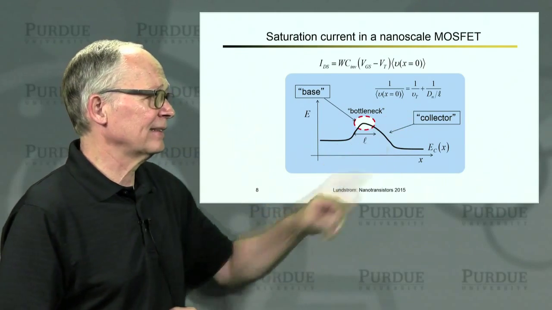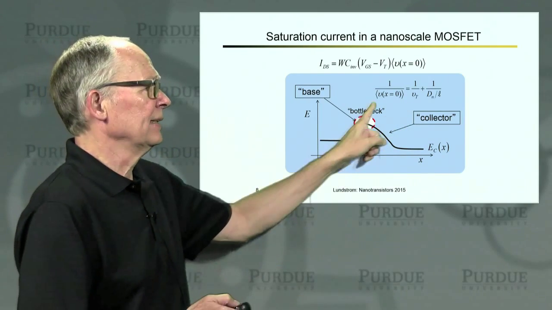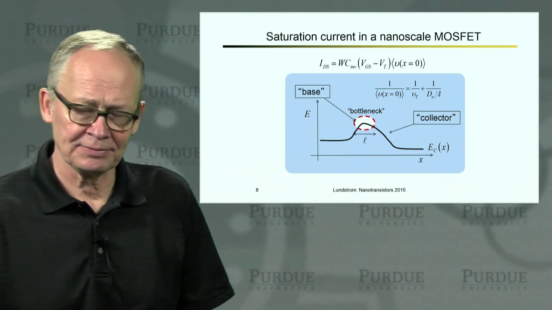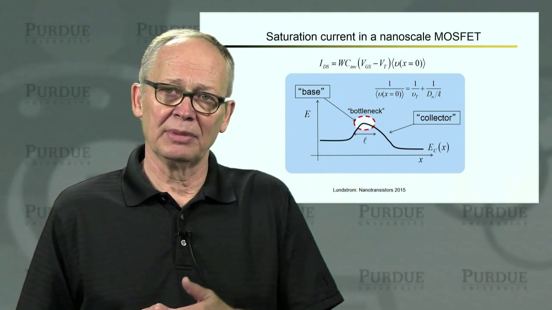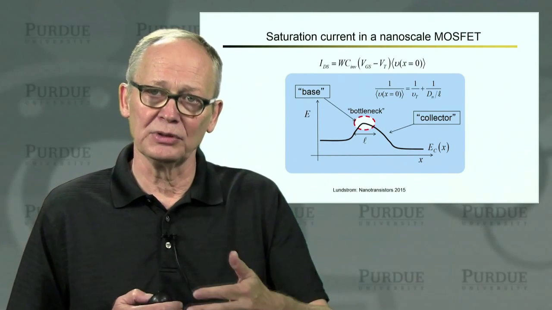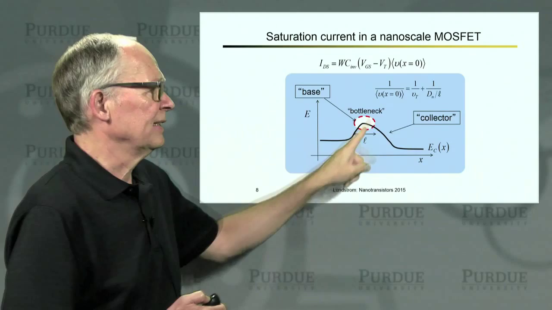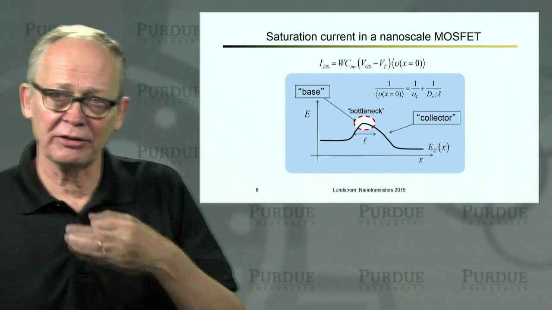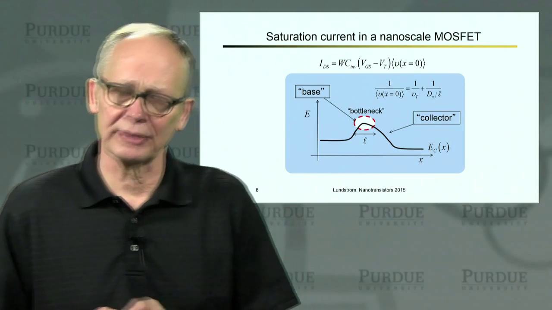The average velocity at which they do that is given by this expression, which just says it's the slower of two velocities. So traditionally, we think about carriers going across the base of a bipolar transistor by diffusing across the base. D over L is the effective diffusion velocity at which carriers diffuse across that thin bottleneck region.